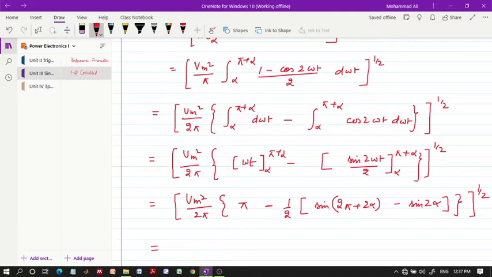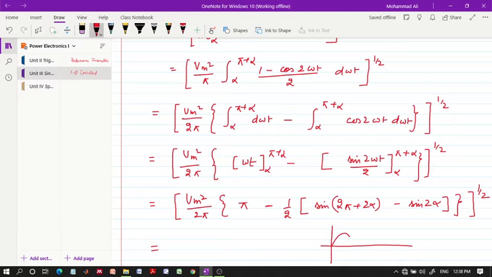Now we have to go into solving this intuitively. If you look at this portion, sine of 2 pi plus 2 alpha minus sine of 2 alpha, if you see this intuitively, what is this?